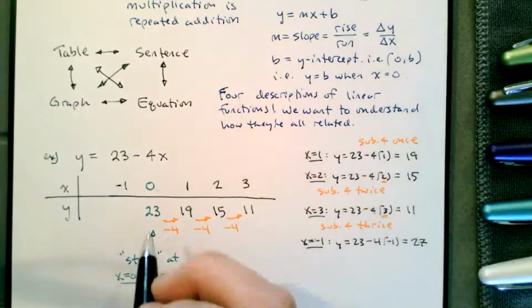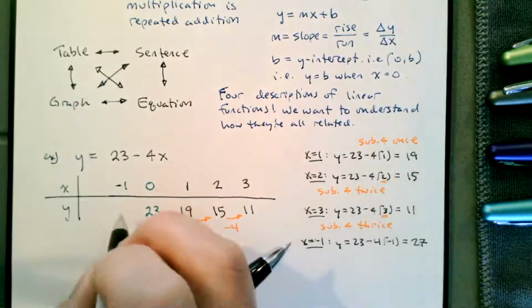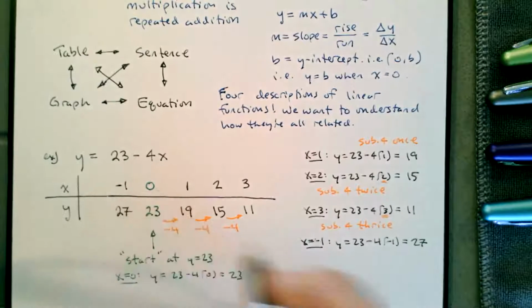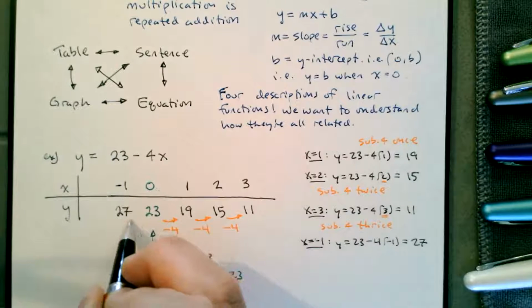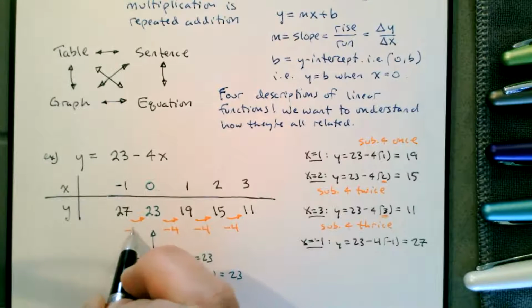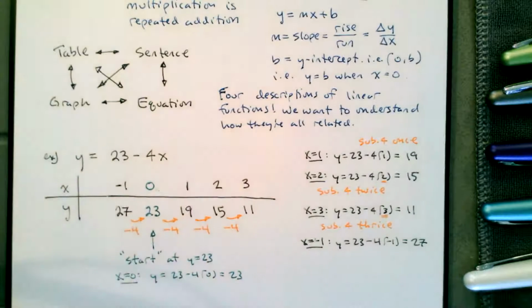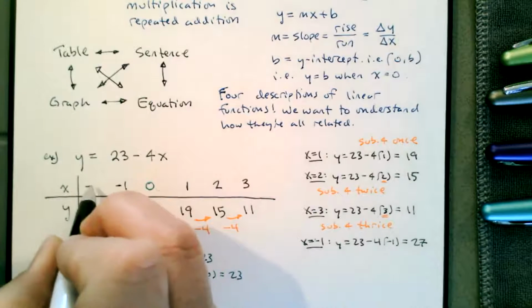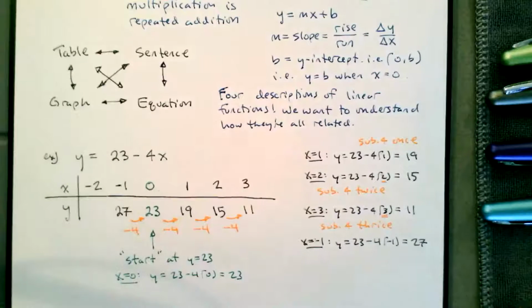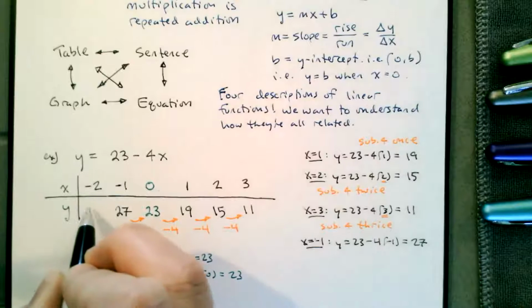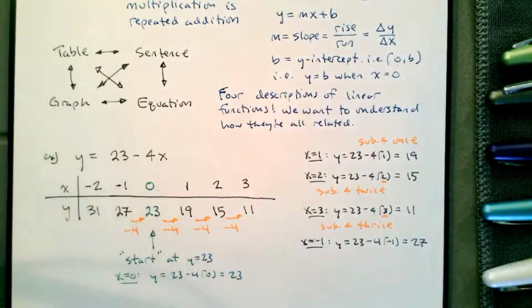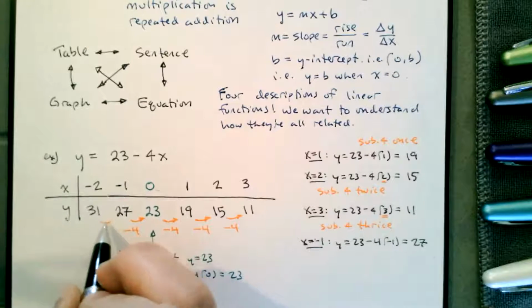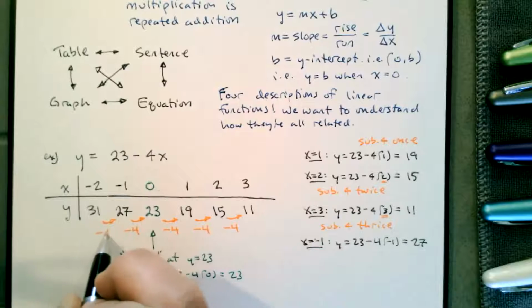So we're subtracting 4 negative 1 times. And here's that negative 4 showing up again right from the equation. And if x is equal to negative 2, we should see a negative 4 show up again. We must be at 31. And here's the negative 4 showing up. This is the last one I get to write, so I'm going to use a fantastic 4.